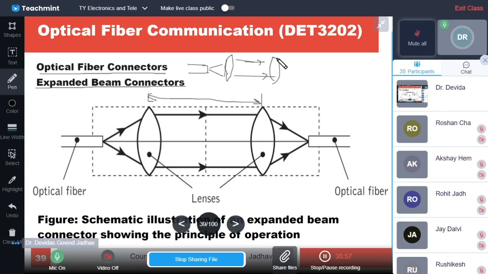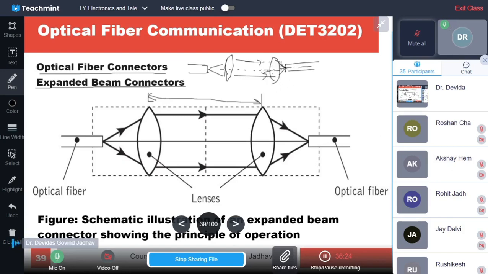If there is slight misalignment, maybe this fiber is misaligned at its focal point, or there is some different alignment, or a slight angular misalignment, there will still not be any loss, because the second lens is collecting all the light and focusing it on the focal point.